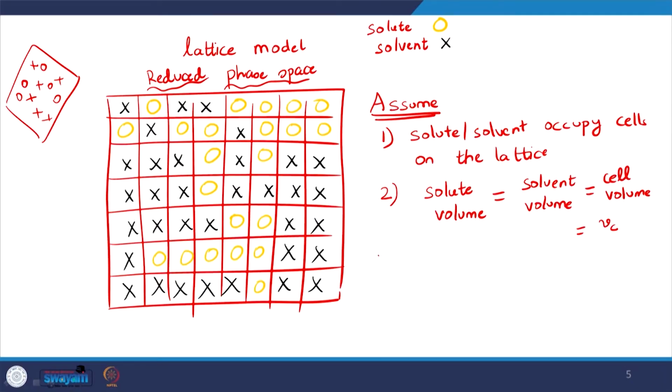Right. The last assumption that we make, and that is a very important one, is that interactions only occur between nearest neighbors.